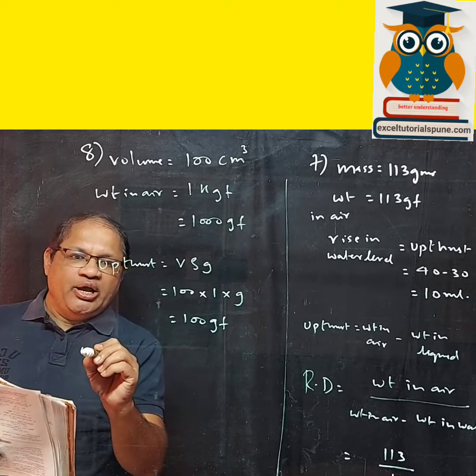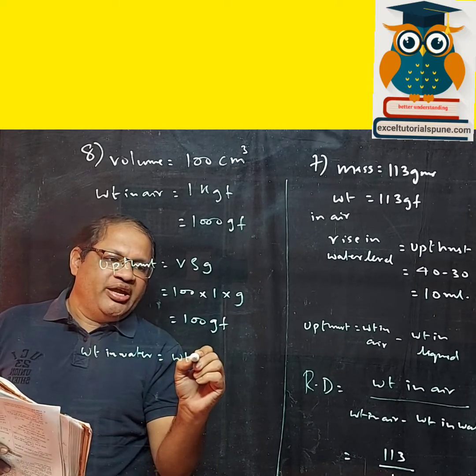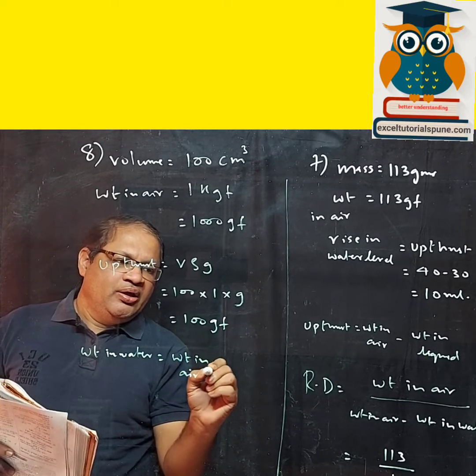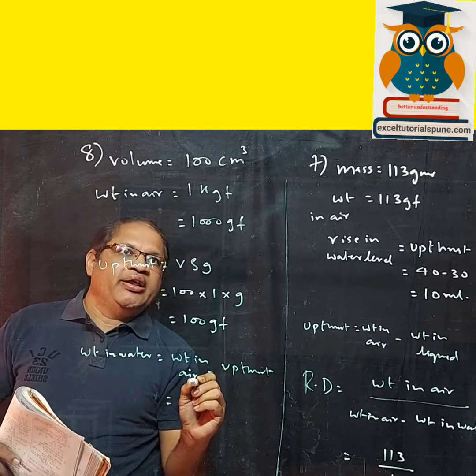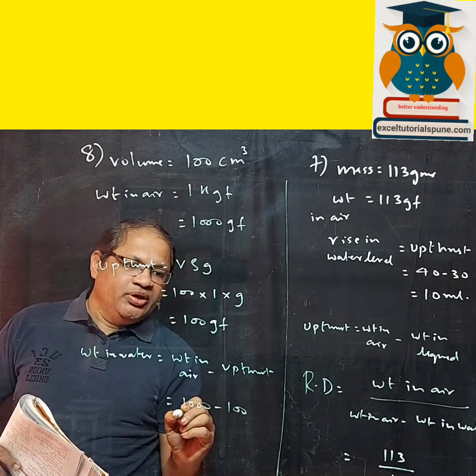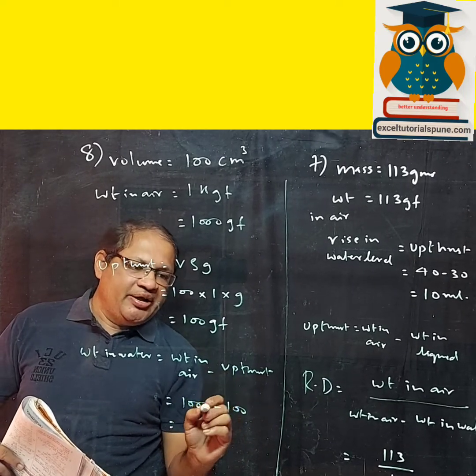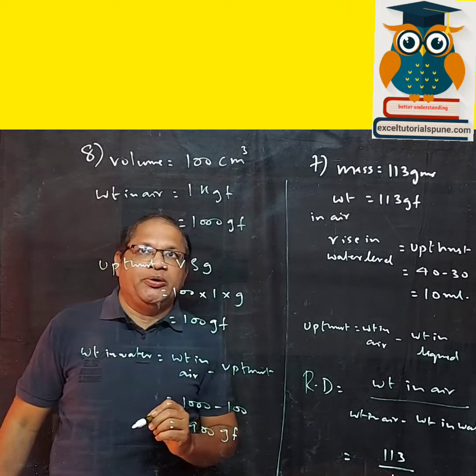So weight in water, how do you find out? Weight in water is equal to weight in air minus upthrust. Alright, so weight in air is 1000 minus upthrust, which is 100, that is 900 gf. This is the weight in water.